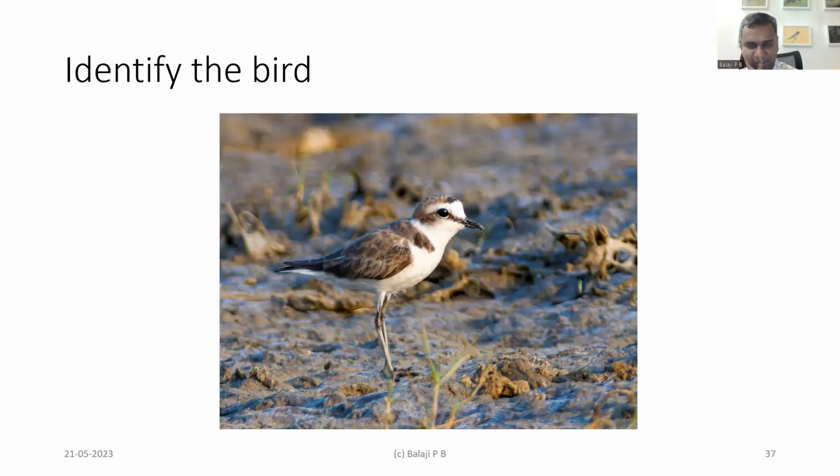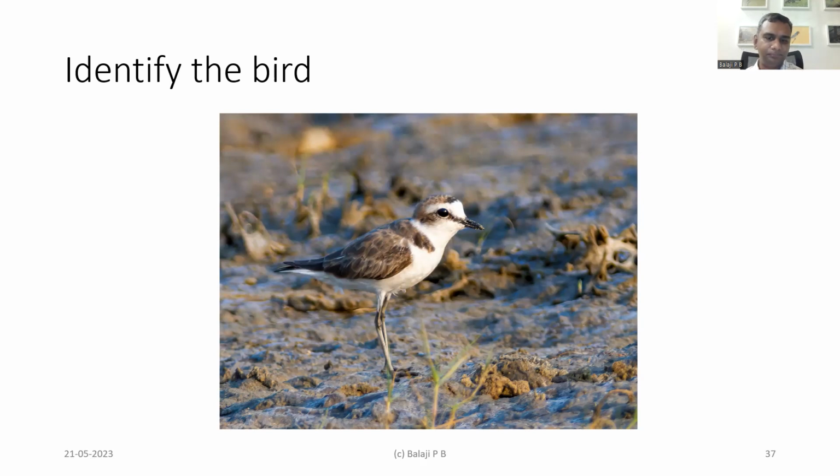Which ring is incomplete? The neck ring, sir. Sorry, the neck ring is complete. The breast band is incomplete. Breast band. And there is no ring around the eye, sir.